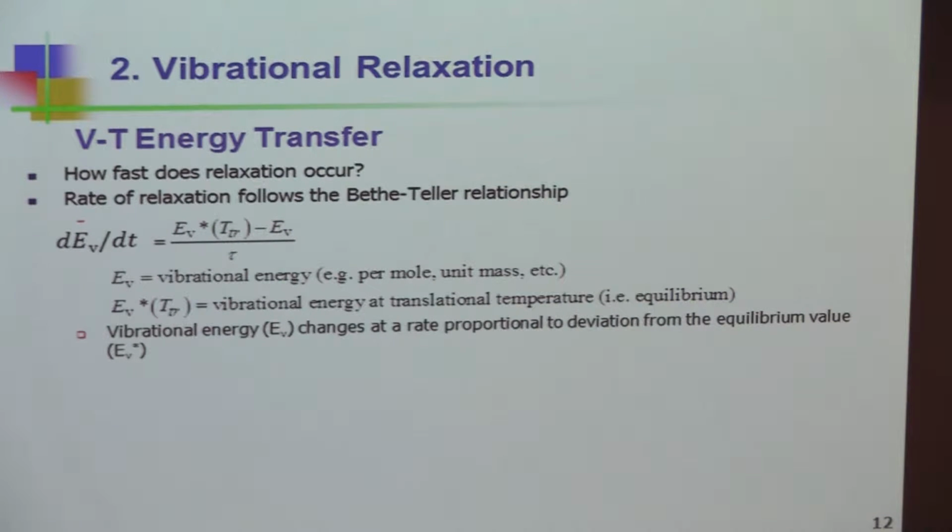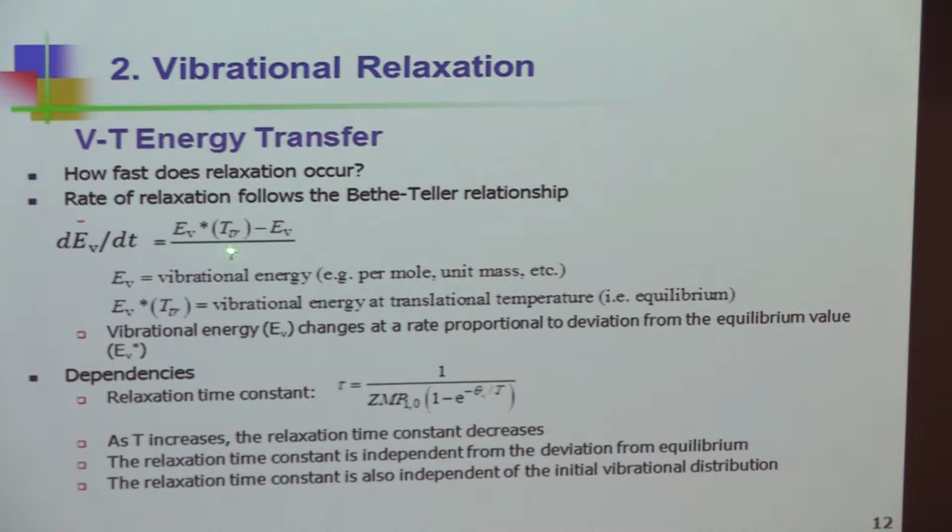This is what's called a relaxation equation, in contrast with a kinetic rate equation. This is a relaxation equation that just says the rate of change of this property is proportional to the difference between its value and equilibrium over tau, and tau has the physics. Tau is related to the collision frequency and the probability of energy transfer in a collision.